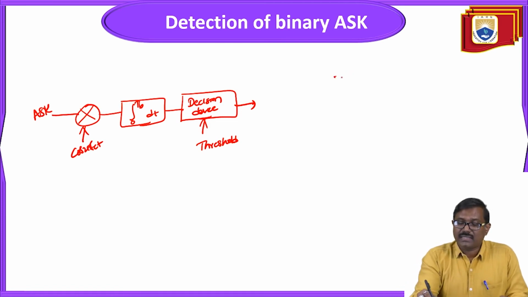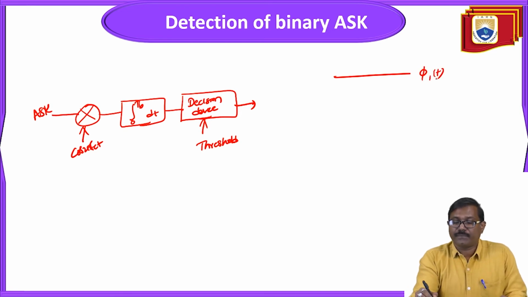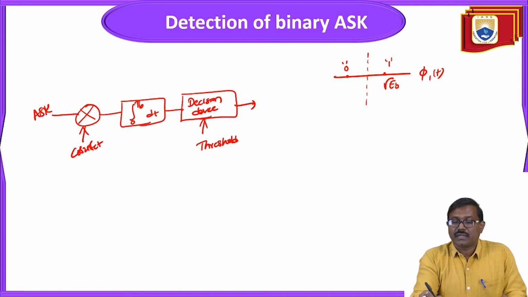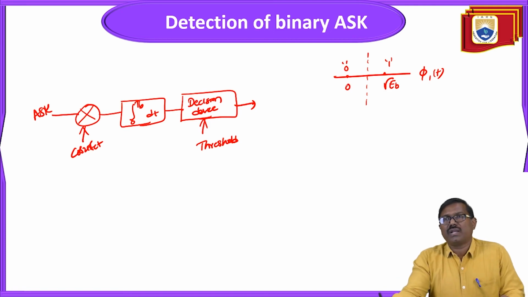For ASK, we take the basis function phi 1 of t, and there is a decision boundary between symbol 1 and symbol 0. Symbol 0 is represented as 0 and symbol 1 is represented as root Eb.